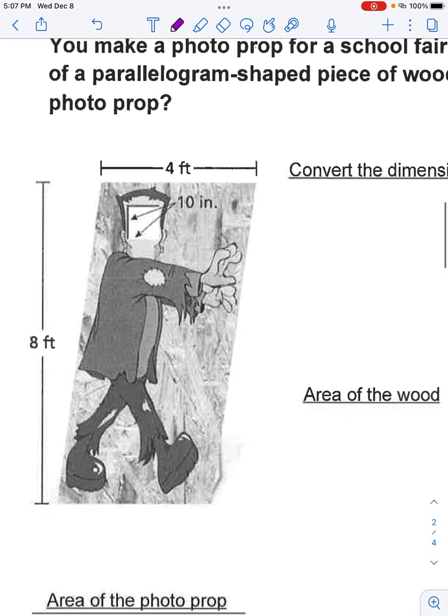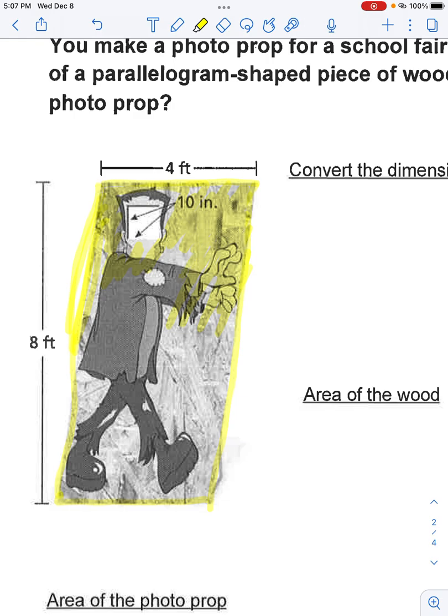So again, if you look closely, and I know the picture's not wonderful, here is the parallelogram. And everything is shaded except for the face, where people put their face in to take a picture.